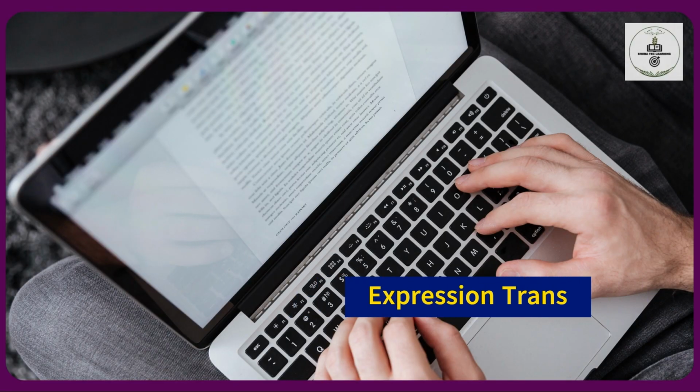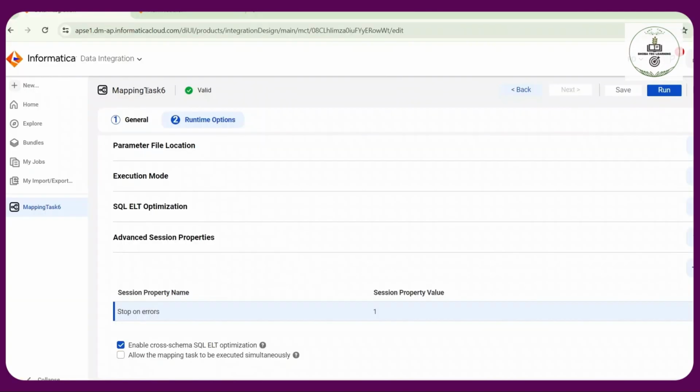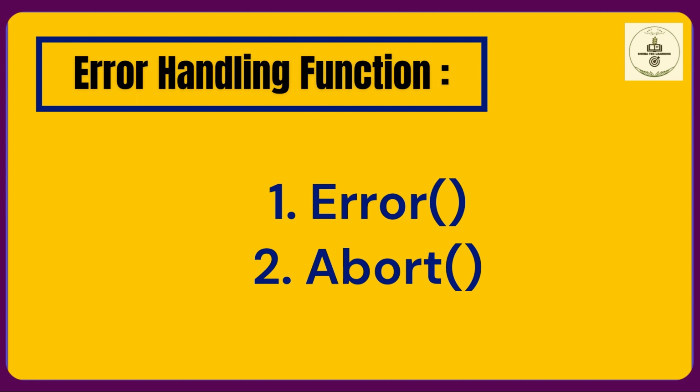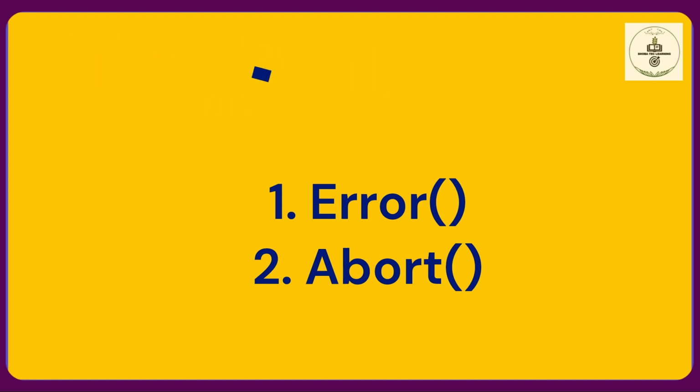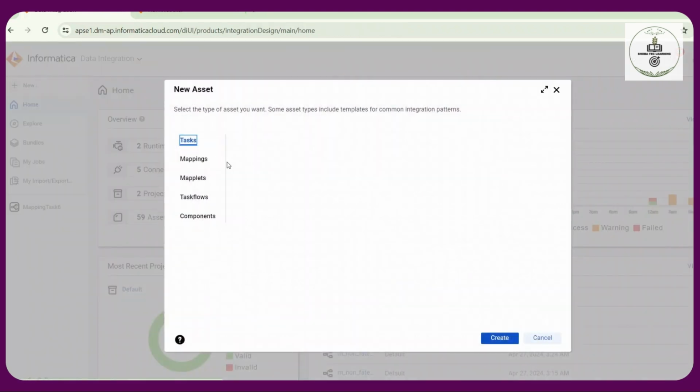With this, only quality data is loaded into the target, and we can define it with two functions. The first one is abort and the second one is error. Now we can see a mapping with the help of these two functions and you can learn the difference between the abort and error functions.